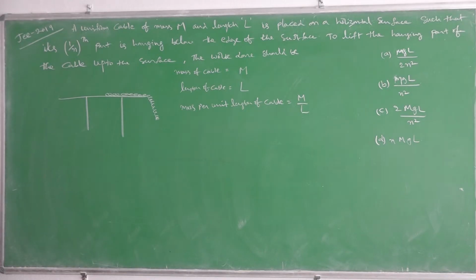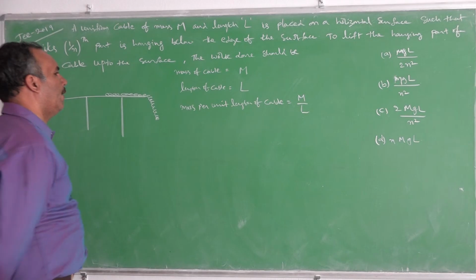1 by nth part of the chain is hanging below the edge of the surface. 1 by nth part of the chain is hanging.